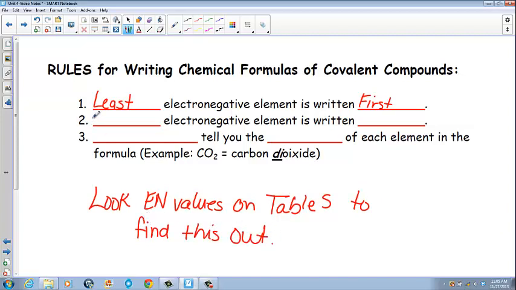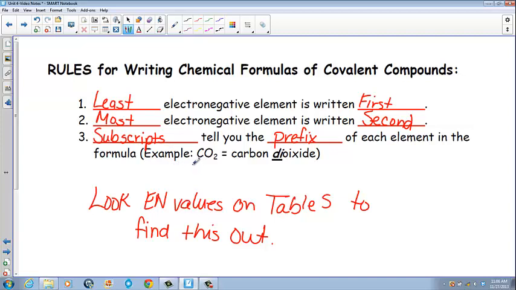All right. The most electronegative element is written second. Subscripts will tell you the prefix of each element in the formula.